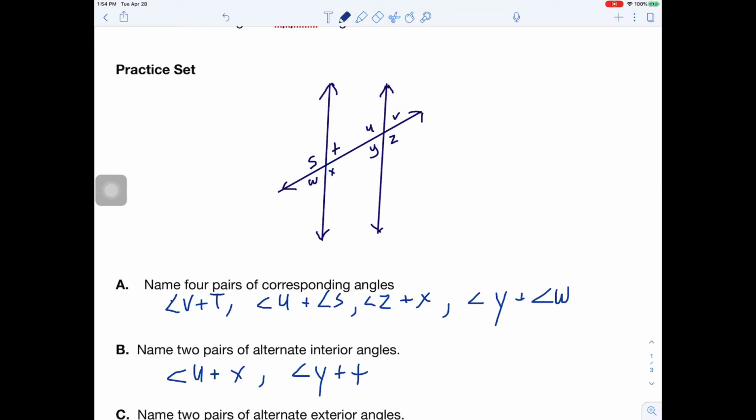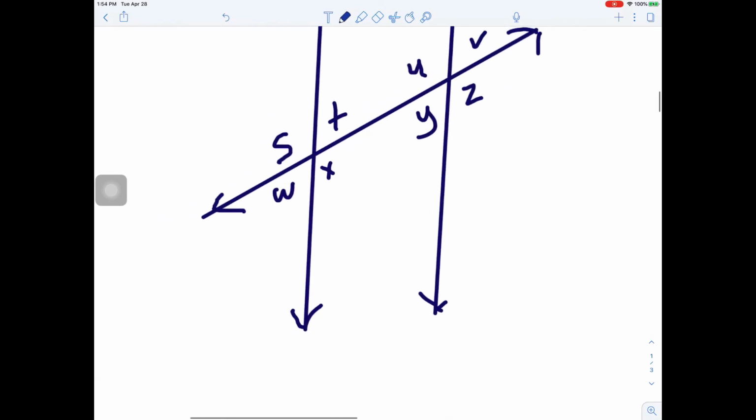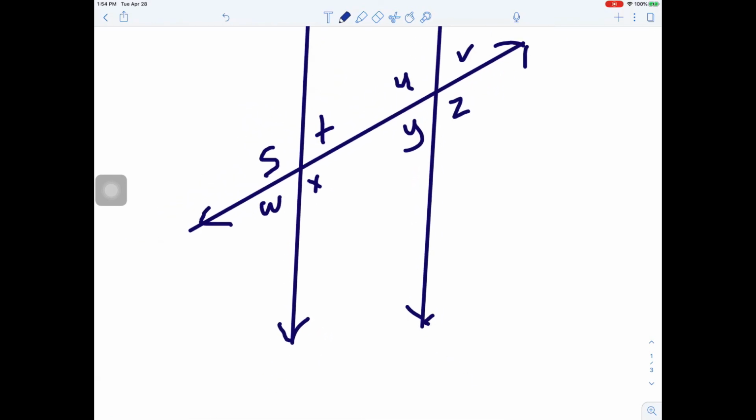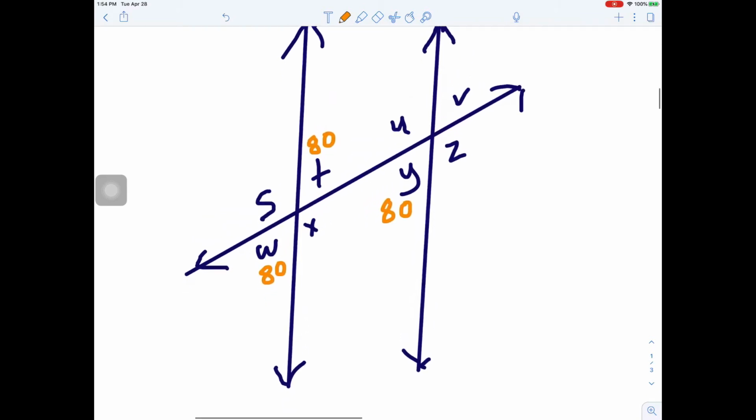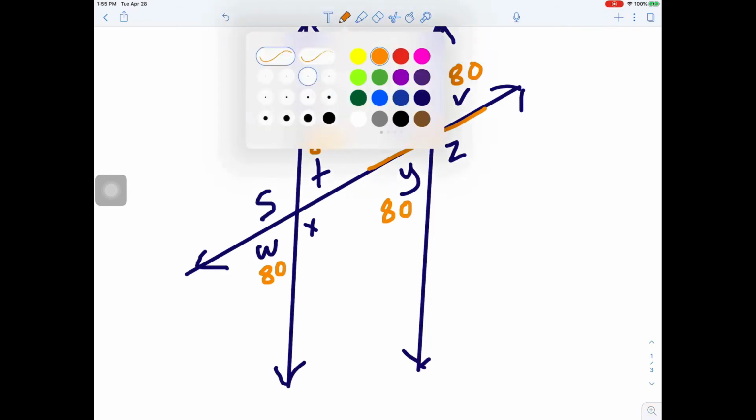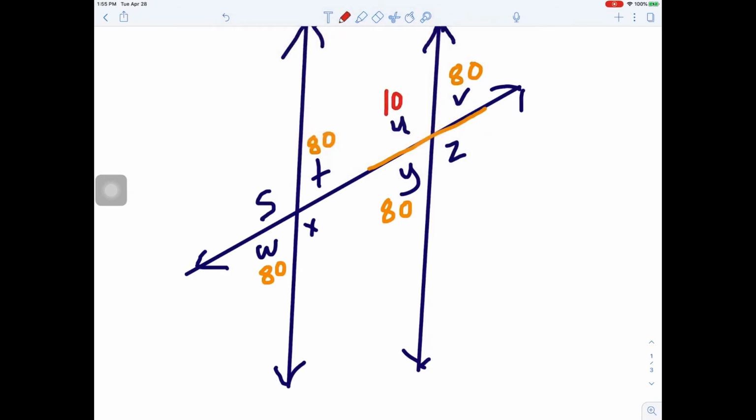So if W is 80 degrees, where are the other 80 degrees that we are going to find here? Well, we know that this one's going to be 80 because they're opposites. We know that this one's going to be 80 because that's a corresponding angle, and that would mean that this one's 80 as well. And seeing that this is a straight 180 degrees, that would give you all of the angles for all of the other ones as well.